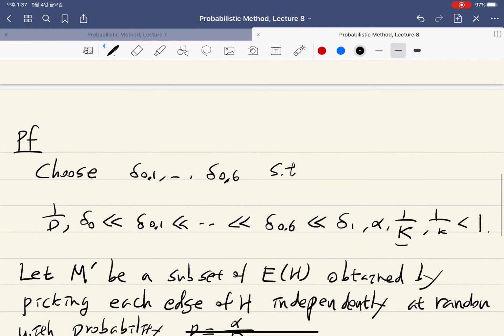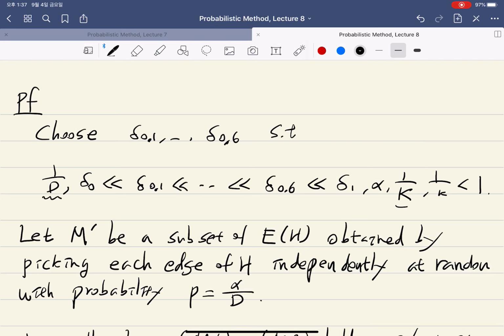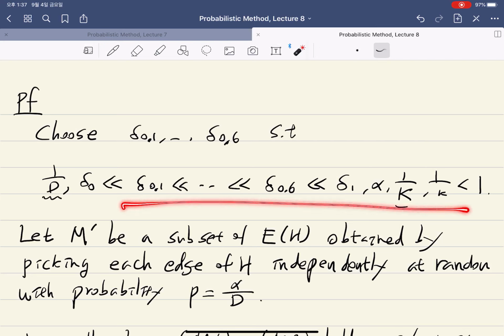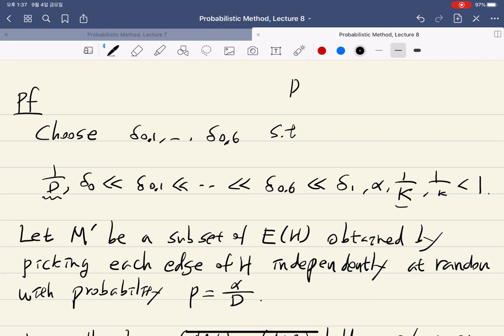Here, I forgot to mention, we assume that d is sufficiently smaller than anything else here. And we know that d is at most n minus 1 choose k minus 1, because this is a degree, and we are considering a k-uniform hypergraph. So that means n is automatically bigger than, say, n d to the 1 over k minus 1.